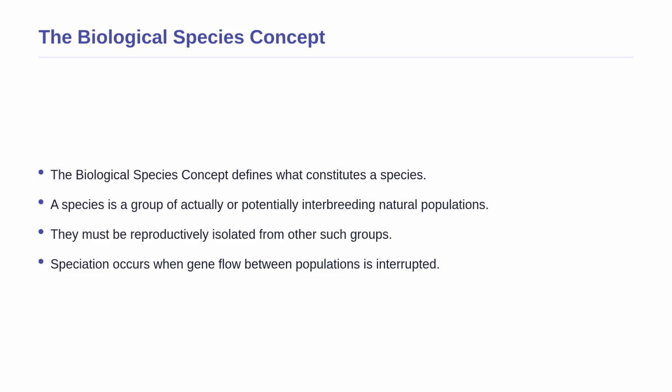This means that if two individuals can come together in nature and produce healthy, fertile offspring, they belong to the same species. If they cannot, they belong to different species. Therefore, the entire process of speciation hinges on interrupting the flow of genes between populations, which sets the stage for them to drift apart genetically.